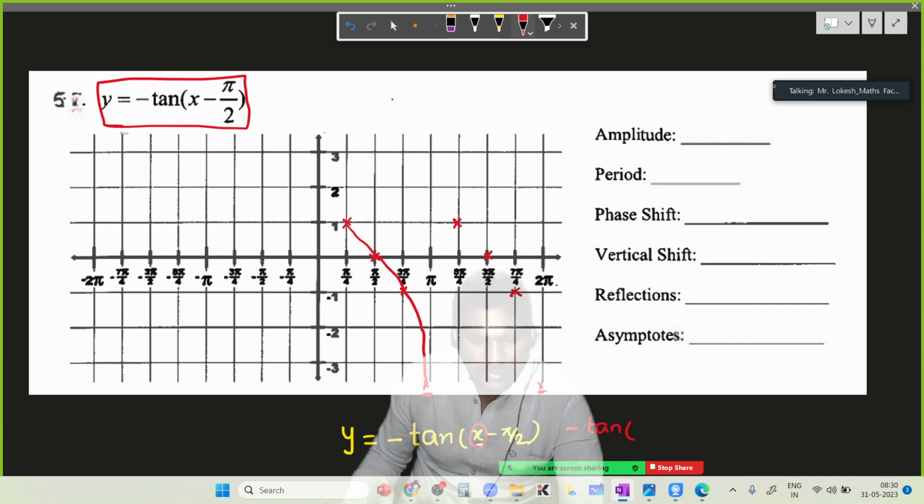So it will be discontinued here at pi because it is extending up to negative infinity. Now again at 5 pi by 4 it starts from 1. Again it will become 0 at 3 pi by 2, and minus 1 at 7 pi by 4. So again it will extend up to negative infinity at 2 pi.